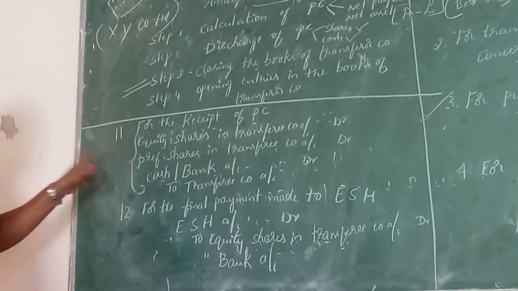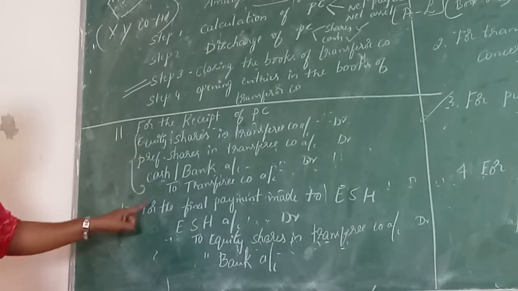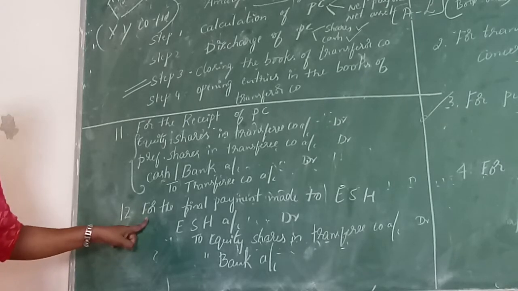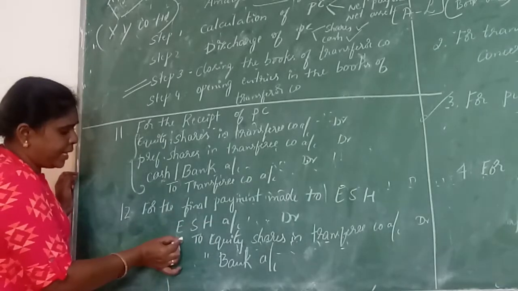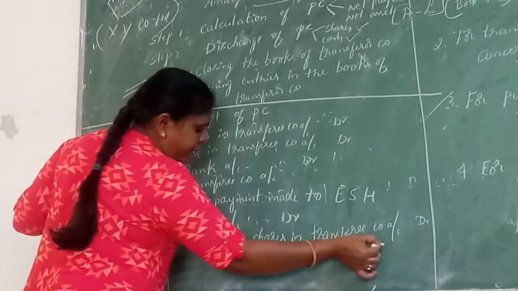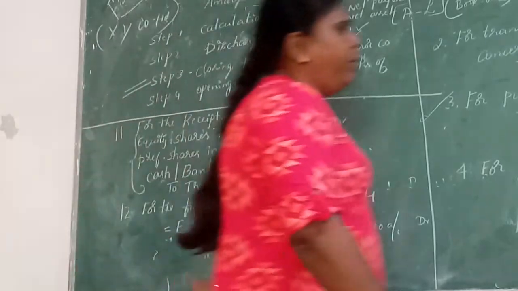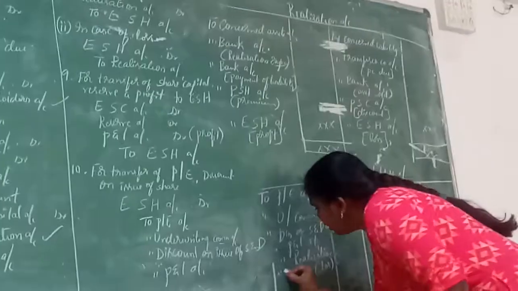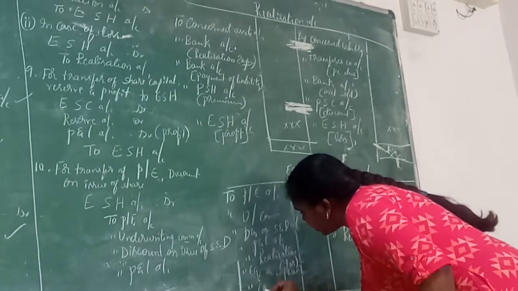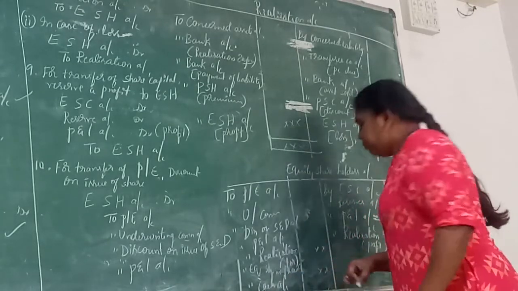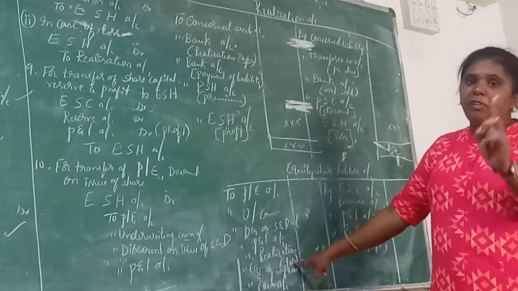So this is the journal entry for receiving purchase consideration, and whatever the receivables are there, finally to whom the company has to pay: to the equity shareholders, because they are the owners of the company. To the equity shareholders, the company has to pay. So in equity shareholders account you have to write to equity shares in transferring company account, to cash account, and don't write preference shares in equity shareholders account, because the preference share amount will be receivable by preference shareholders.